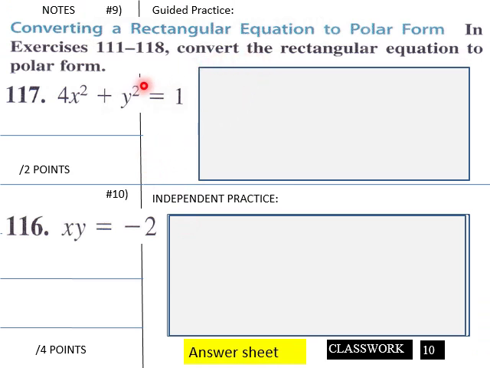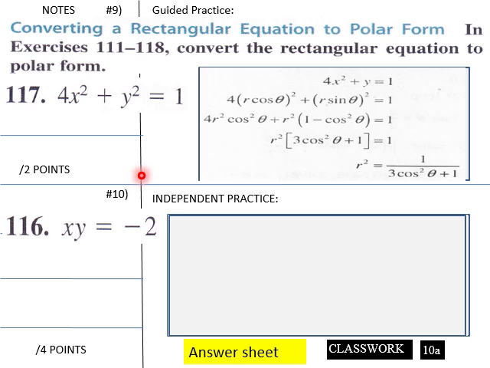So convert the rectangular to polar. We're going to go from rectangular here to polar, rectangular here to polar. So to do that, we have to use our r cosine theta and our r sine theta in place of our x and y here. And then when we do that, we have to use trigonometric identities to help solve these things.